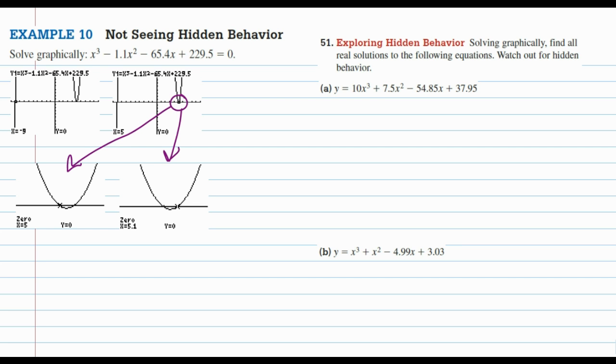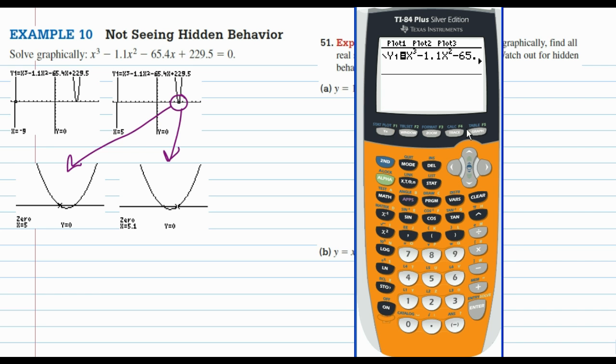In number 51, it says also solve graphically, find all real solutions to the following equations, watch out for hidden behavior. It gives you that hint. Now I've already typed in this equation into my calculator, so I'm going to turn off equation y1 and I'm going to turn on equation y2 and I'm going to zoom 6 because starting over, totally different problem.